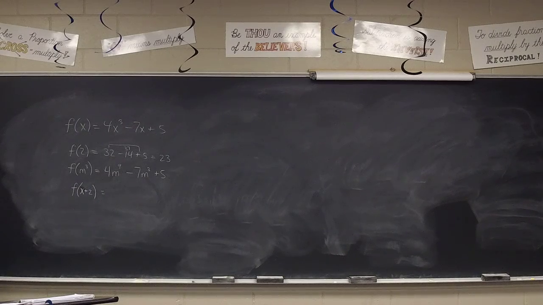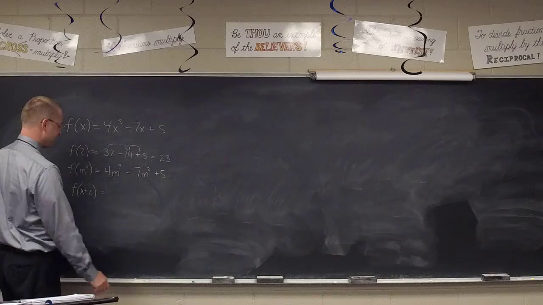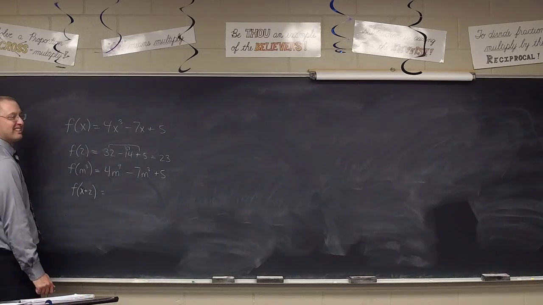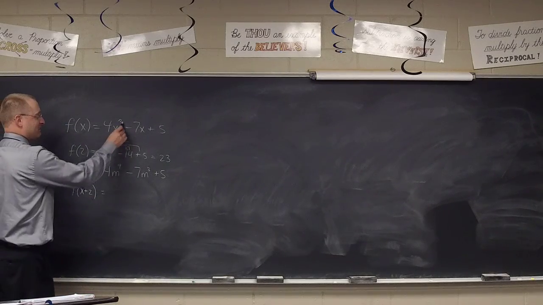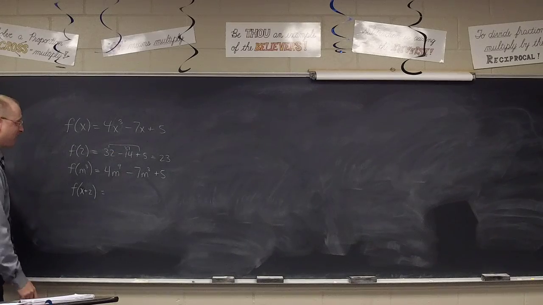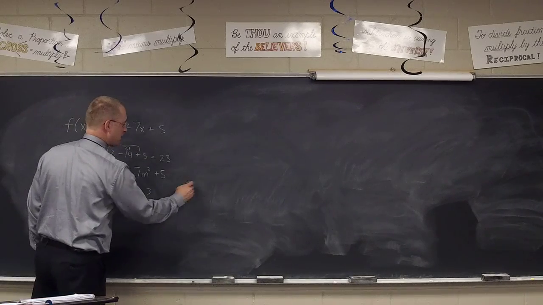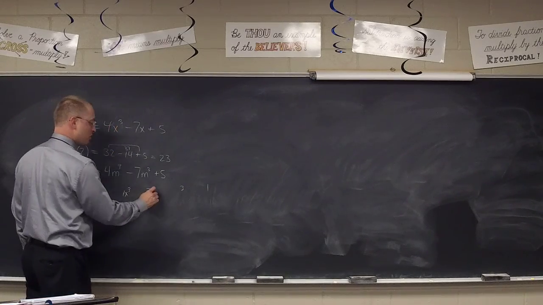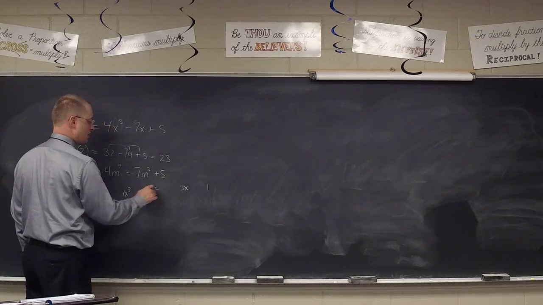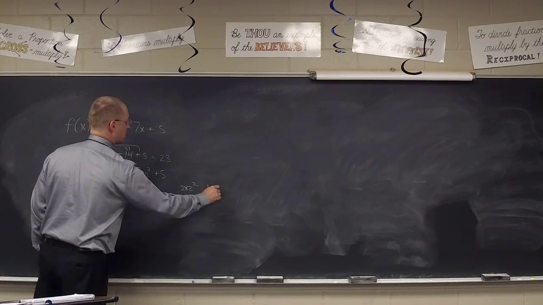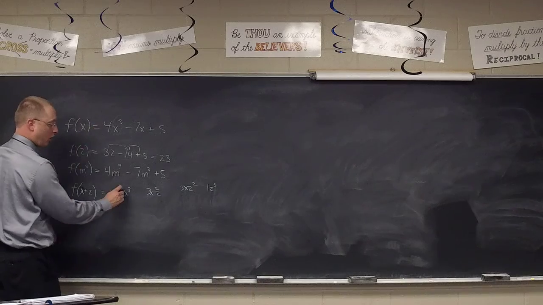Ugh. Now what would we have to do, Quentin? You have to cube that binomial, wouldn't we? Yeah, then the whole 1, 3, 3, 1: x cubed, x squared z, x z squared, z cubed. We have to distribute 4 to all of that.